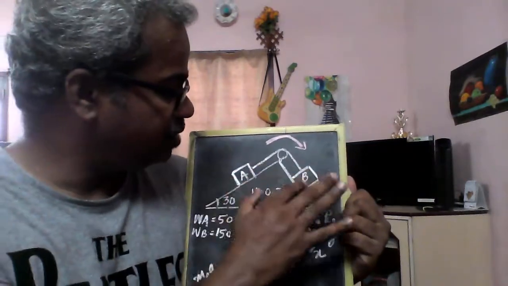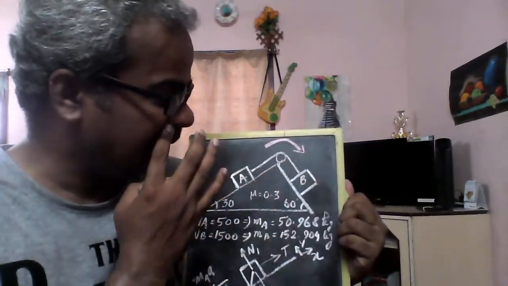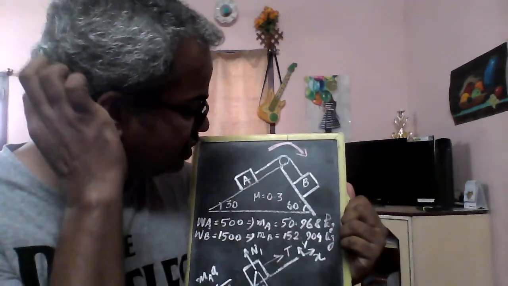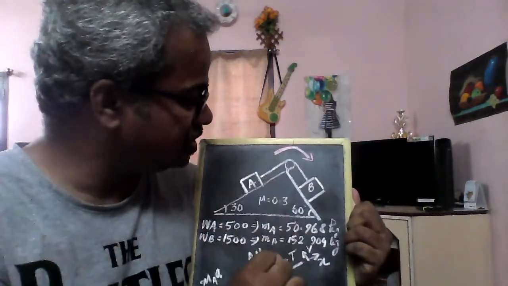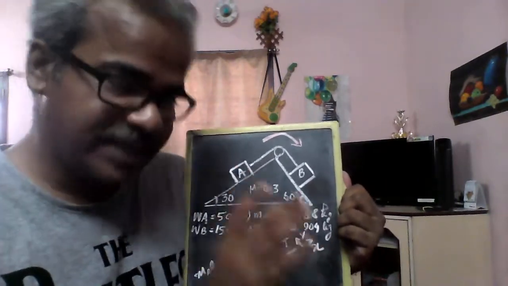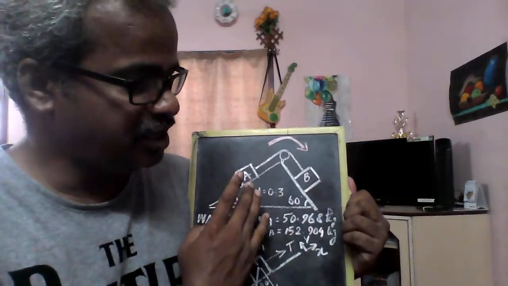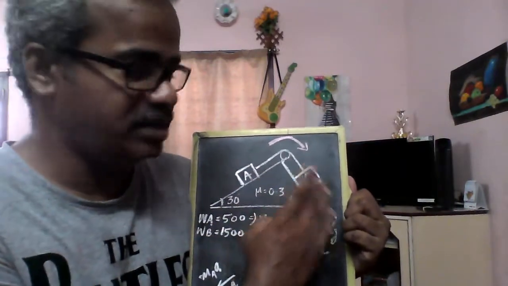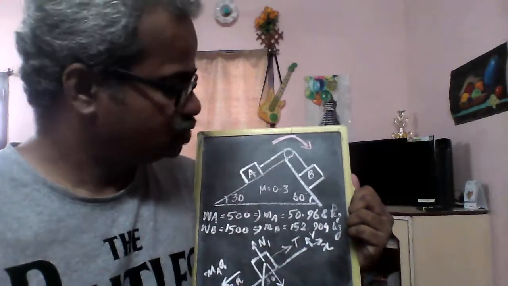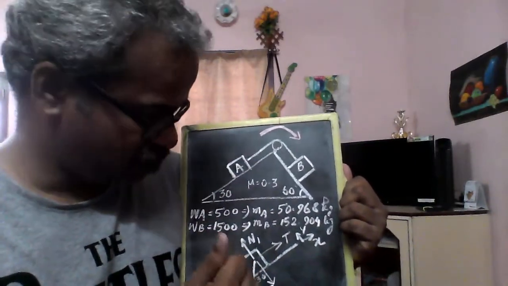Now, body A and B are connected through a string. Since it is connected by a string over a frictionless pulley, bodies A and B together will move with the same acceleration. So A_A is equal to A_B is equal to A, the acceleration. How can we find it out?